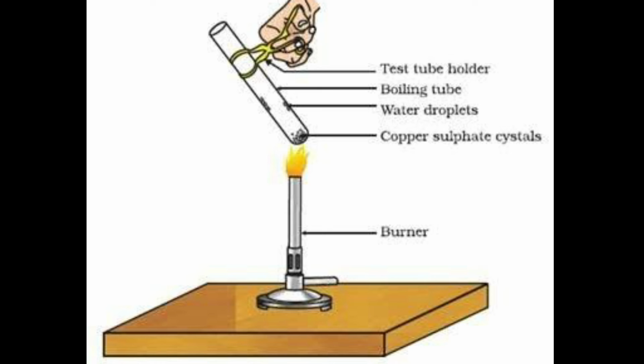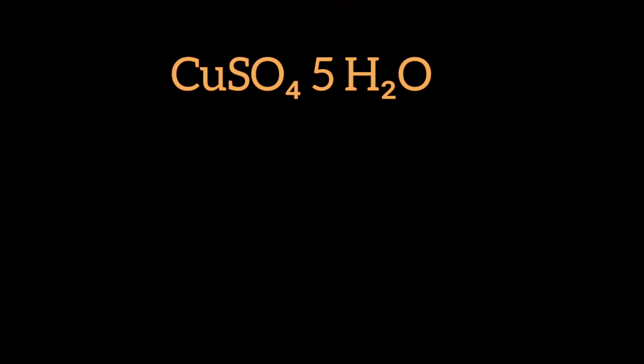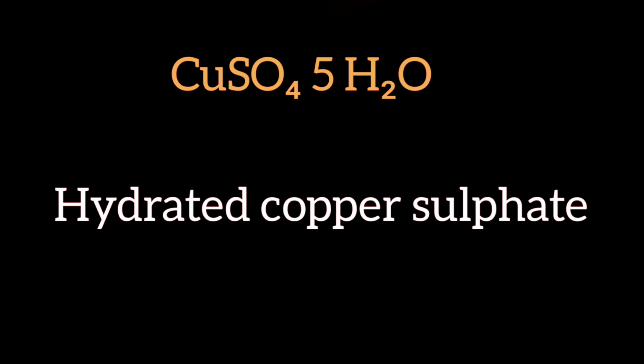Now we add 4 to 5 drops of water in these crystals and we observe that the blue color appears again. It means that copper sulfate crystals which appear to be dry contain water of crystallization. 5 water molecules are present in one formula unit of the salt. So formula of hydrated copper sulfate is CuSO4·5H2O.